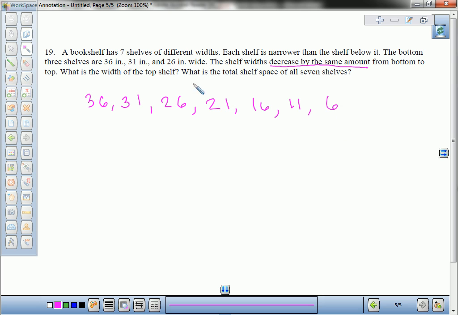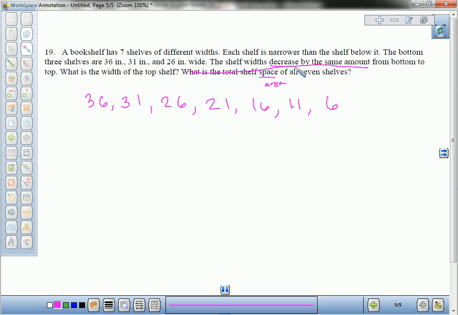Now, the second question, I can't answer. Because I know how wide they are, but it didn't tell me how long they are, did it? So I can't find space. Space is area. So we can't find area with one dimension, and that's all we have here.